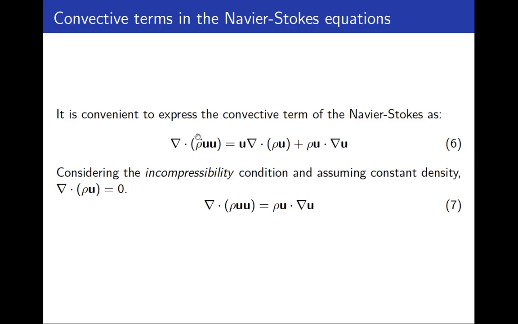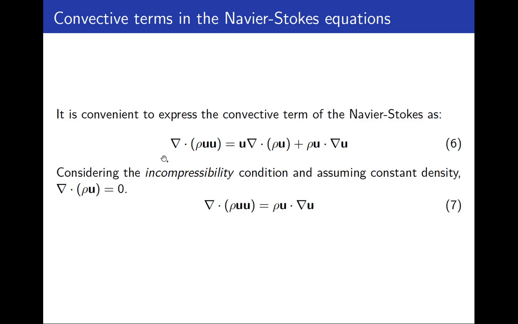So if you apply the chain rule to this term, you have these two terms. You have the velocity field multiplied by the divergence of this product, plus the density multiplied by the inner product of the velocity with the velocity gradient. But we can simplify this equation if we consider the incompressibility condition and if we assume constant density.